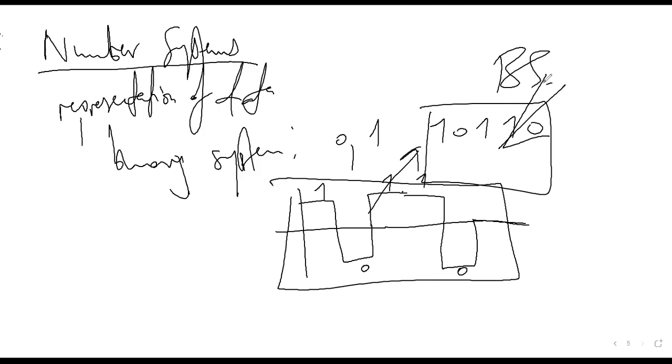We have the decimal system. The binary system uses zeros and ones; we call it base 2.